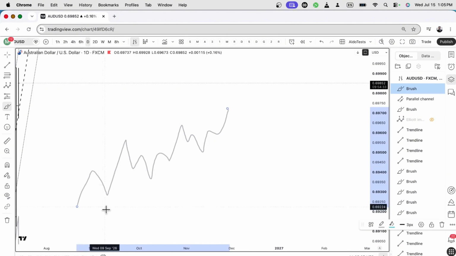They look like an ABC, ABC, ABC, ABC, ABC. So how do we know that this is a leading diagonal and not a correction, right? Where we have, let's say, a wave 3 here, this would be a wave 4, and the next move would be to the downside on a wave 5.